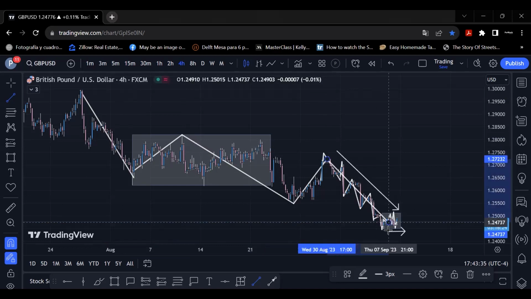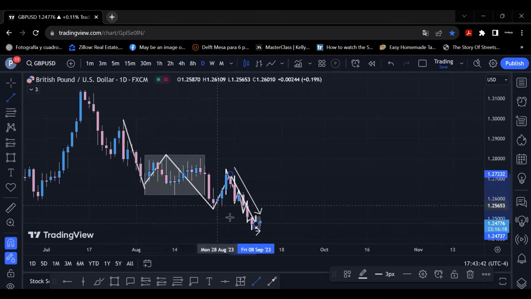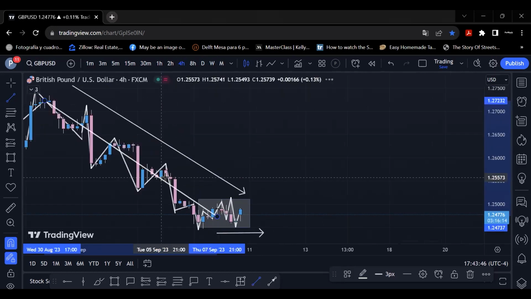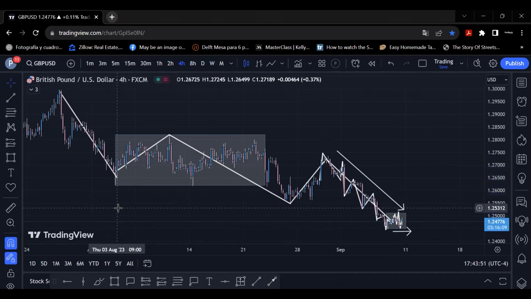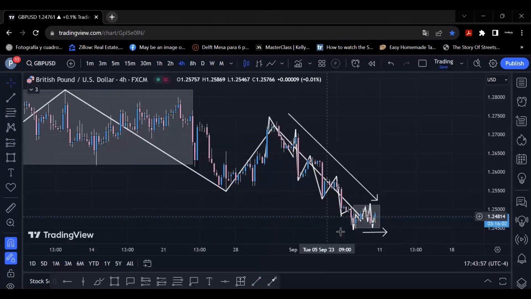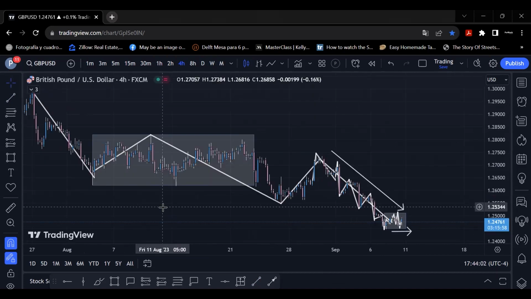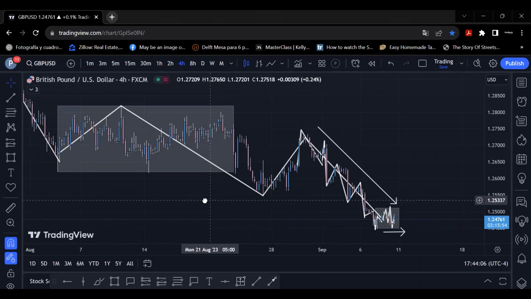Can't really clearly see it on a 4-hour chart, but if we head into a daily, we could actually see a little better how price has been trading or making a different type of market structure. We'll talk about correlating timeframes later in a different video, but for now, just focus on creating these types of chart markups for you to be able to identify market structure a lot better.